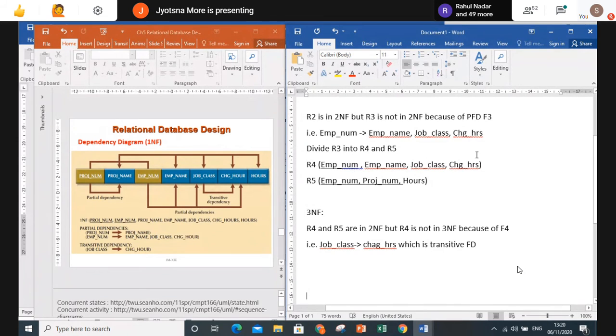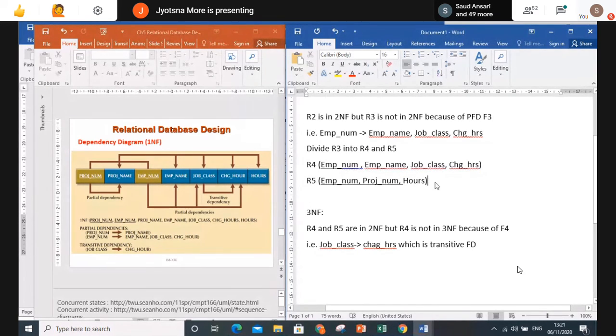Now we have written about R4 and R5. As per that, R5 cannot be divided further. This is also our final answer, R5. It is determining only one non-key attribute.